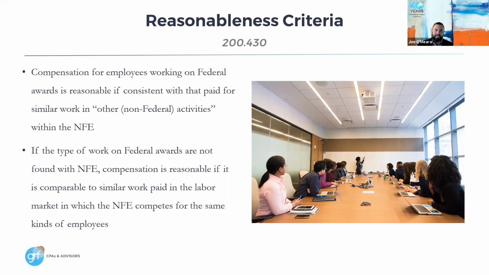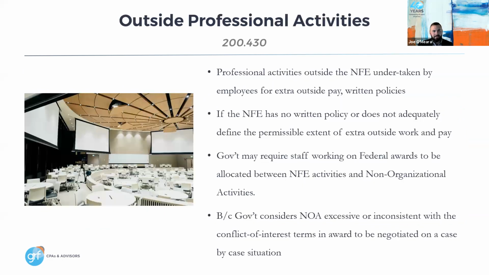And they tend to be a lot more stringent on different things, versus if you have a policy and you're consistent on how you treat it between your federal awards and non-federal awards and other activities, then you're going to have a much better basis for charging those costs directly and indirectly to the federal government. So really make sure your policies and procedures around your allowable costs are robust and support what it is that your organization does, so that you're well protected.